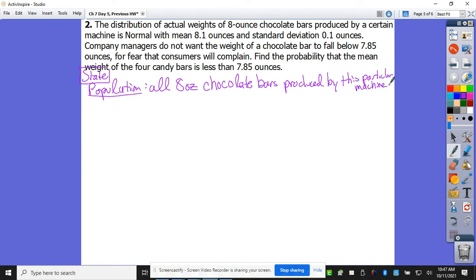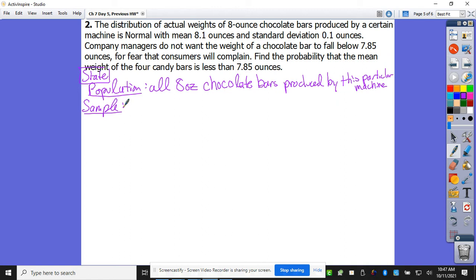Would it be okay if we just said chocolate bars? On a test, I would want you to be more specific that it's from this particular machine. If you just didn't put the 8 ounces, yes, I can argue with that. I've done one like this and I call it something else, like a fun size candy bar, so that it doesn't get as confusing. Your sample here is kind of vague, like the last one was.